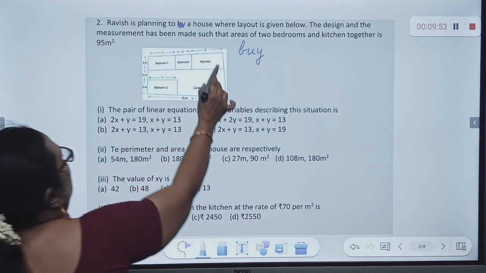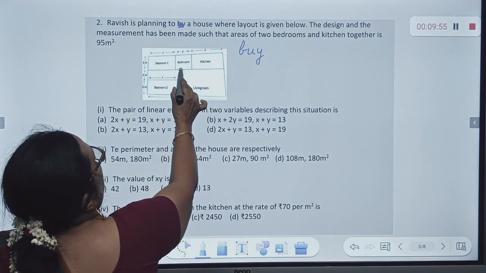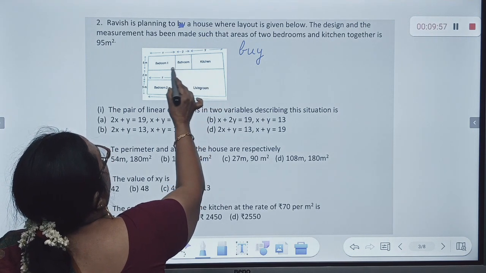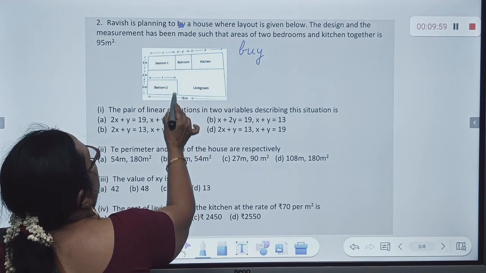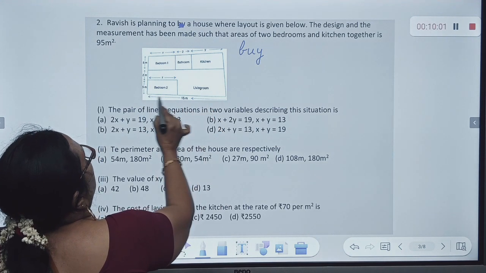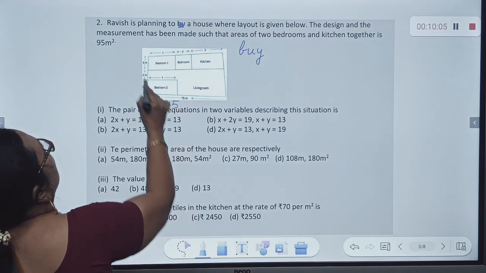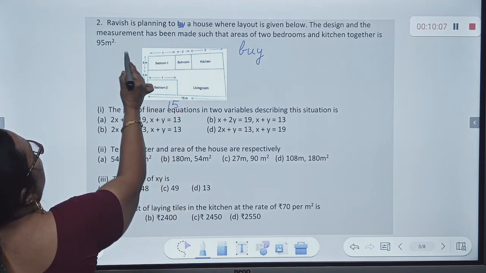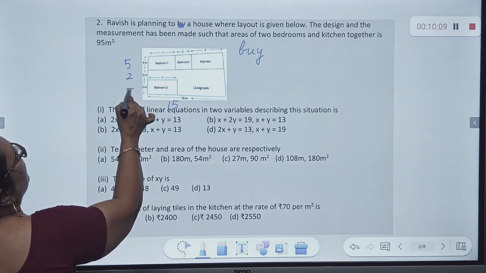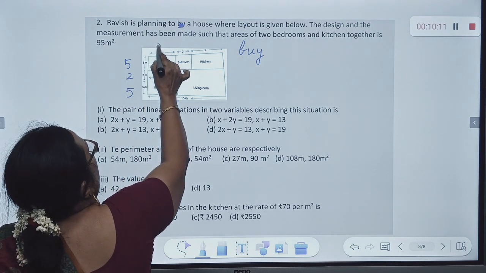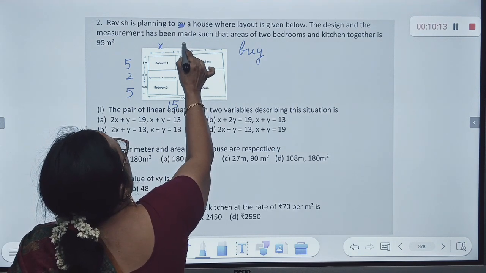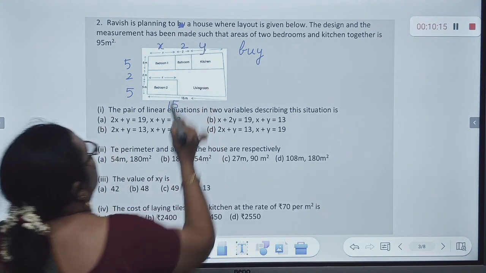This is the layout. You have a bedroom, a bathroom, a kitchen, and then some space. This is another bedroom, living room. This distance is given to be 15. Here you have 5 and 5. Here you have x, 2 and y.